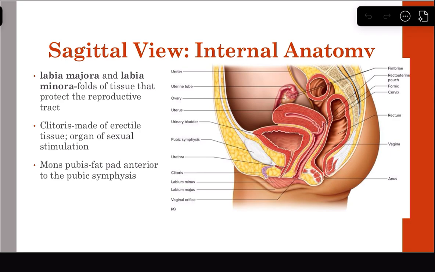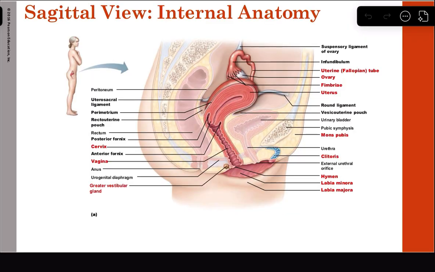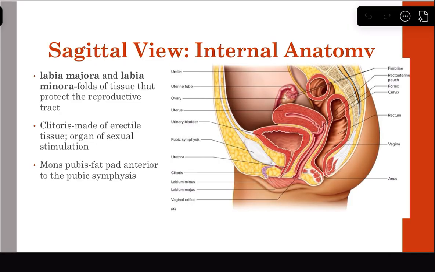So now that we've covered the external, the primary external structures, let's talk more about the internal anatomy of the female reproductive system. And this is where most of the functional aspects are going to take place. Just staying on this sagittal view, please do note from slide 19 to slide 20 that we are now facing in opposite directions.